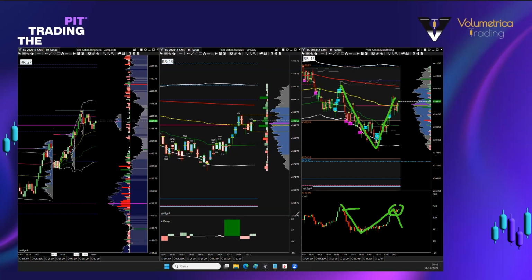Let's talk about a further application of the delta we can have. And this is a very powerful indicator provided by the Volsys platform, which is delta bars and delta POCs.